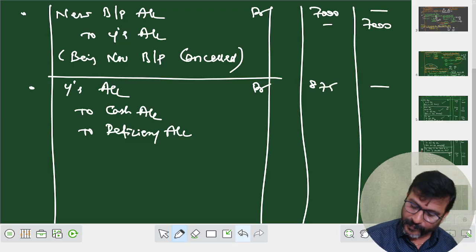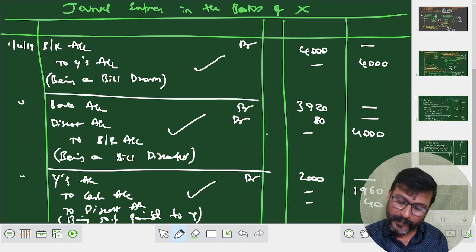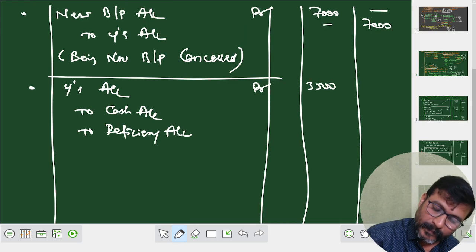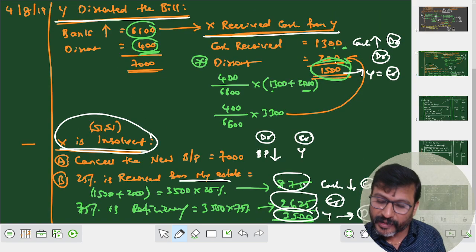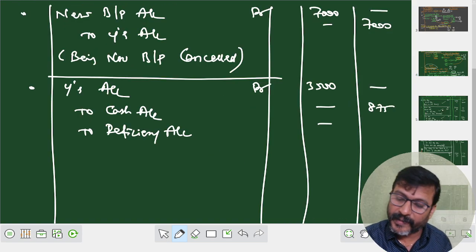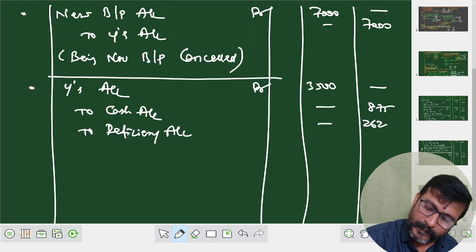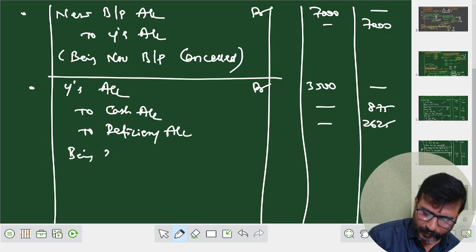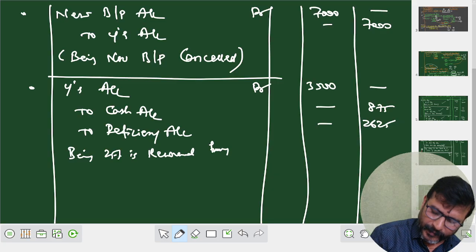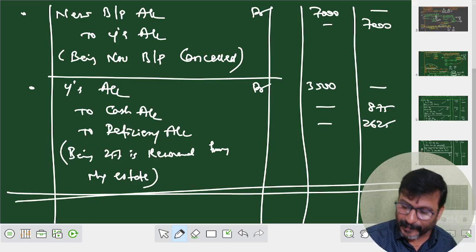For Y the full amount is 3500, minus cash recovered 875, the difference, I mean deficiency, is 2625. Being 25% is recovered from my estate. This completes the problem.